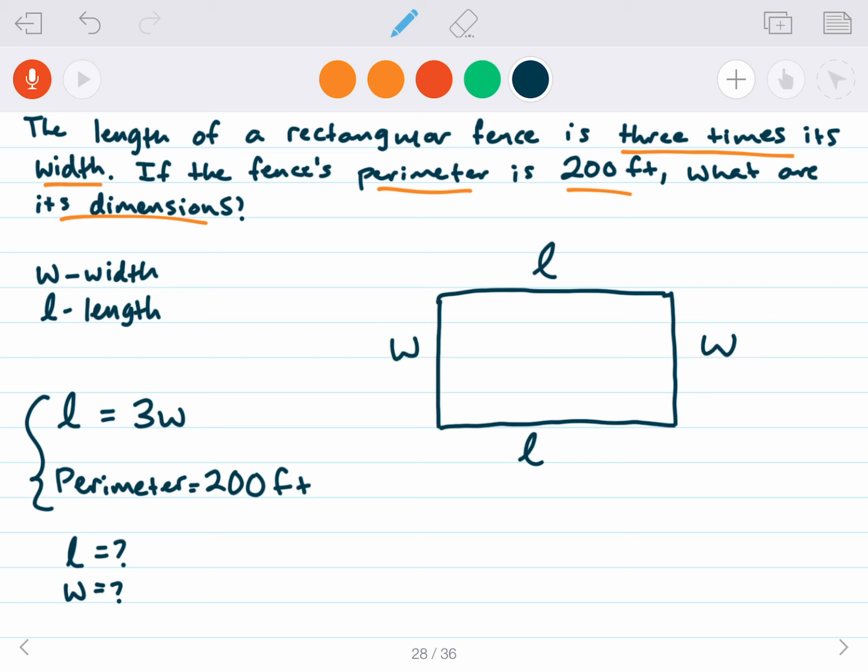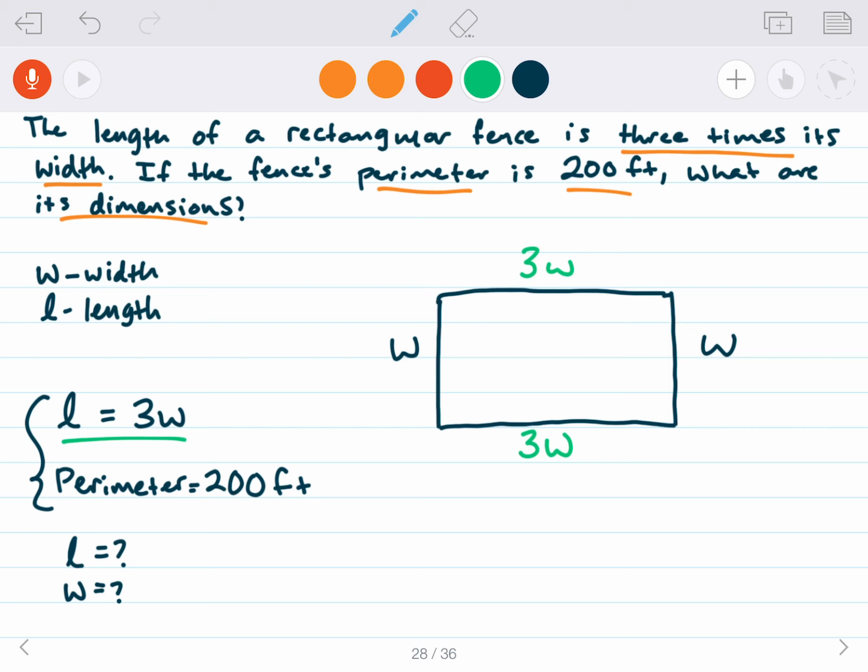No, I don't want to do that. I want to make sure that I have only one variable so that I can solve the perimeter equation. So which of these variables can I replace so that I'm in one variable? Well, I can replace L with 3W. If I replace L with 3W, then I only have one variable to worry about, and that's W.